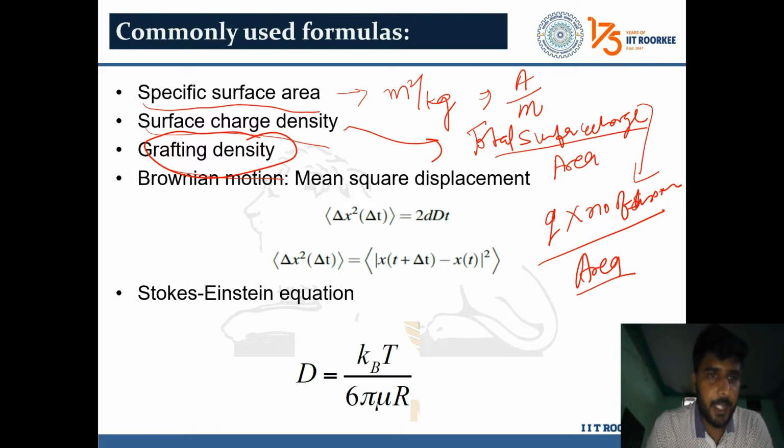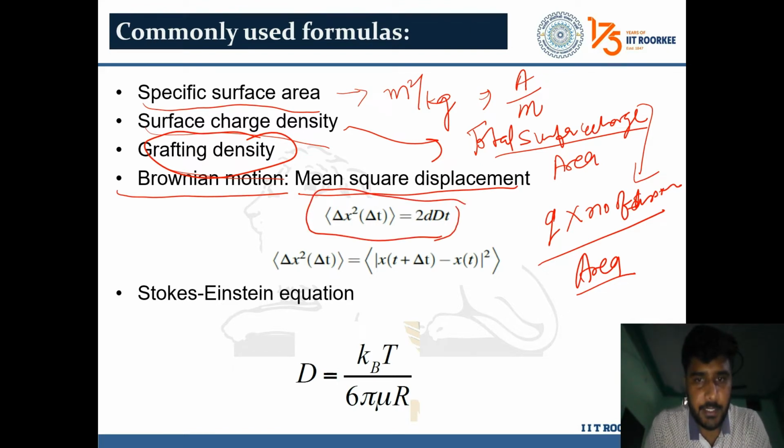And the Brownian motion, you already dealt with this formula, that is the mean square displacement, where d is the dimension, D is the diffusion coefficient and t is the time. Okay, and you have solved similar problems, like Perrin's experiment.